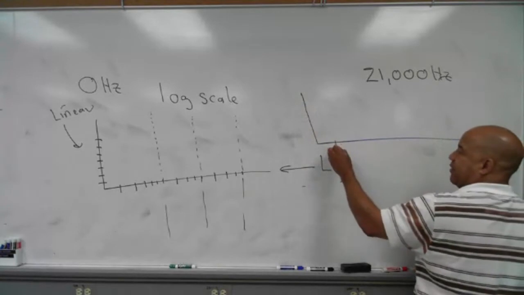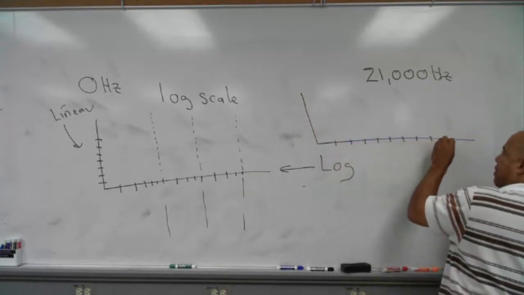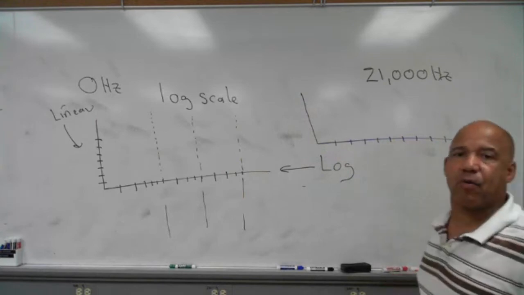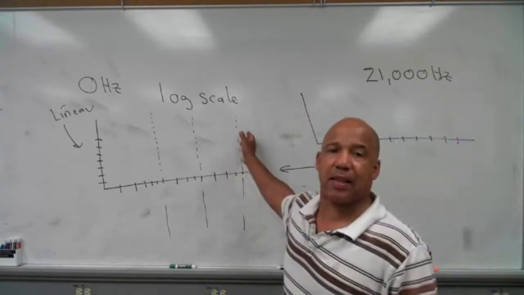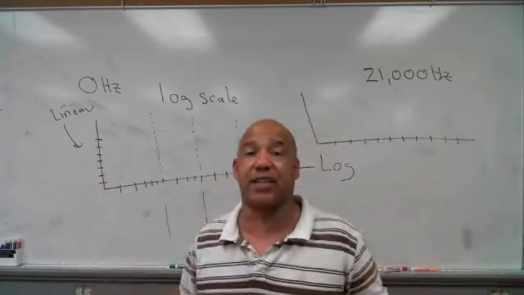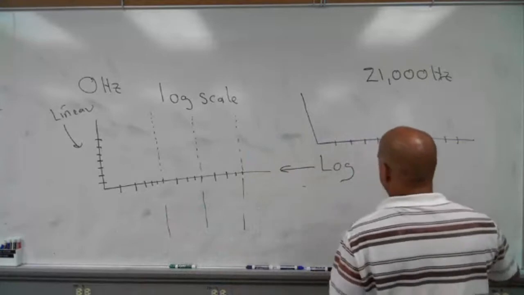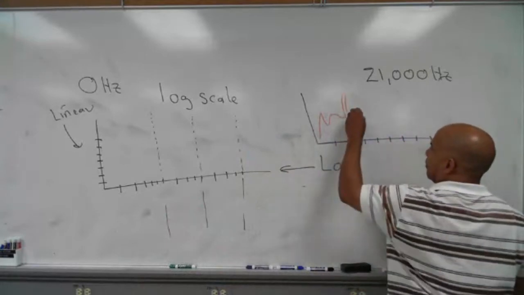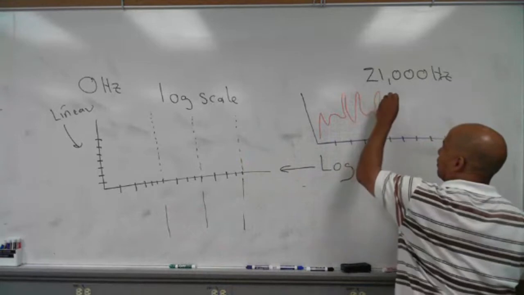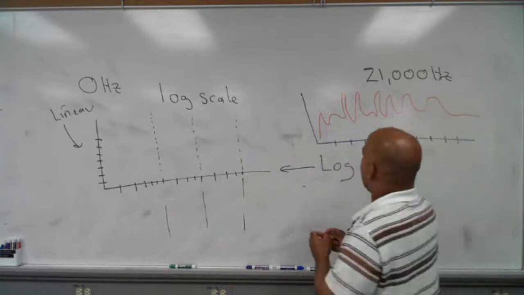So these tick marks are evenly spaced, and let's say I make a graph of something. Now, I could not use the semi-log paper if I had a lot of changes in my graph. Let's say my graph did this. Let's say my graph did that.